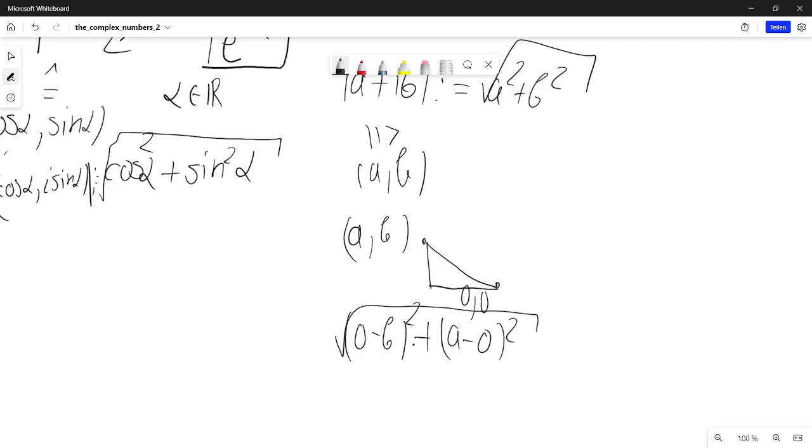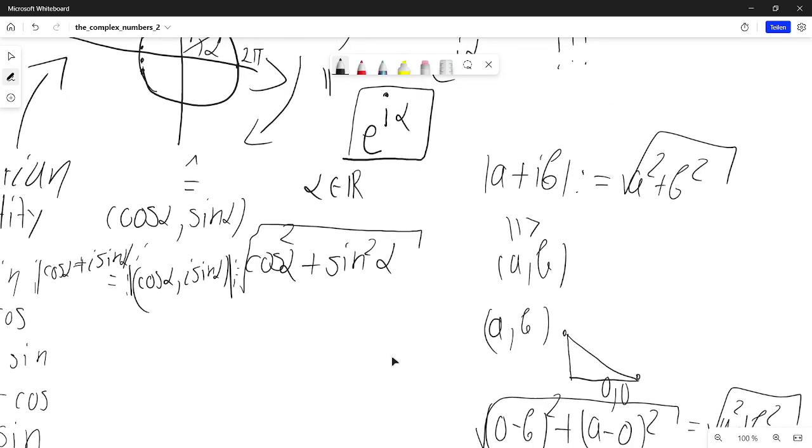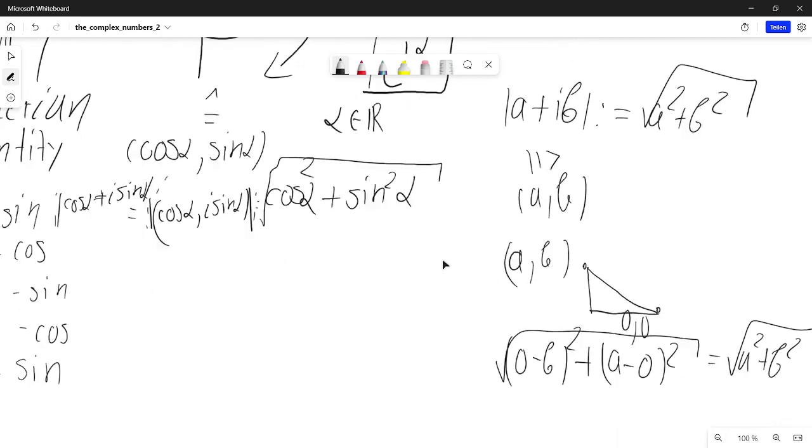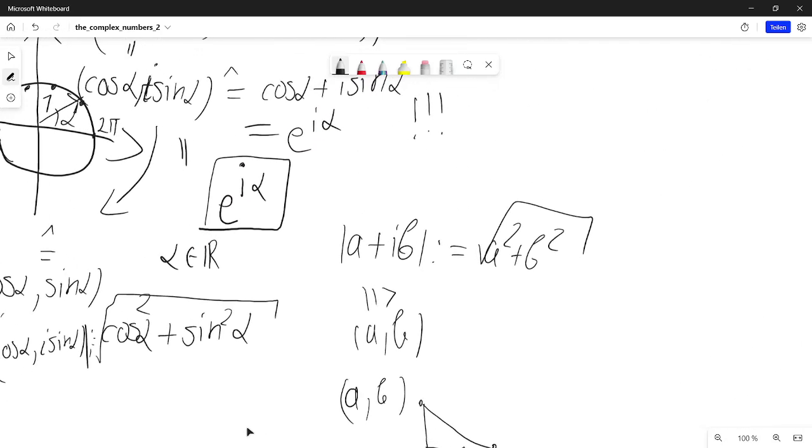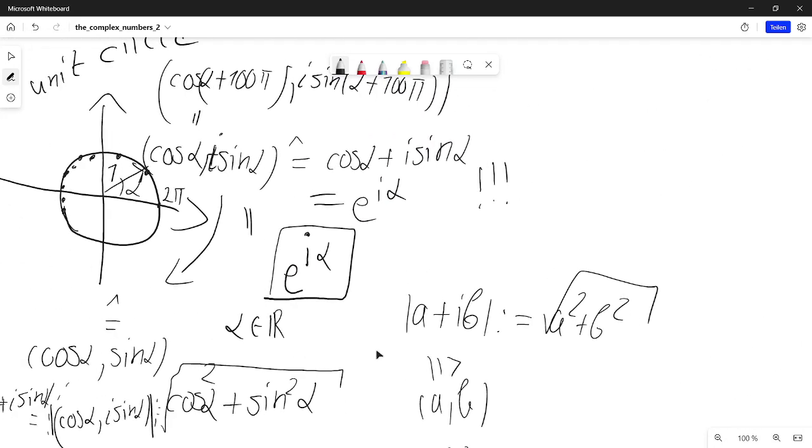So it's exactly the square root of a squared plus b squared. And since we said multiplication by the imaginary unit doesn't change geometry, we keep that and have that distance, right?